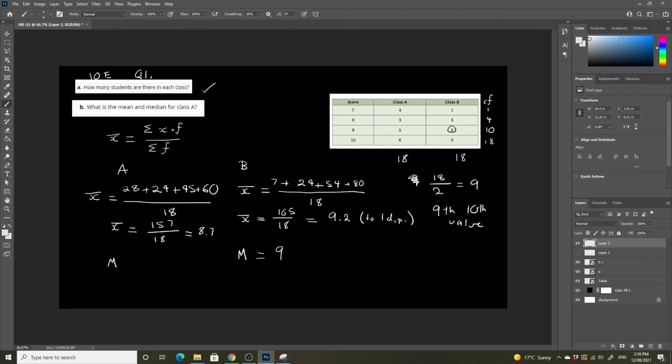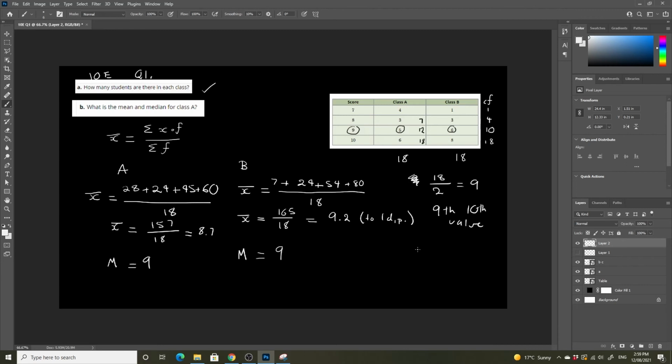And for class A, we can add these up: 4, 7, then 12, and then 18. So in this particular one, the 9th and the 10th value are also going to be inside the same score, which means the median for class A is also 9.